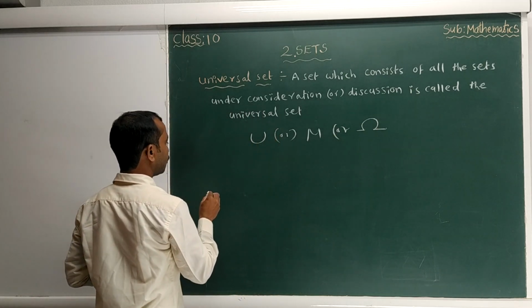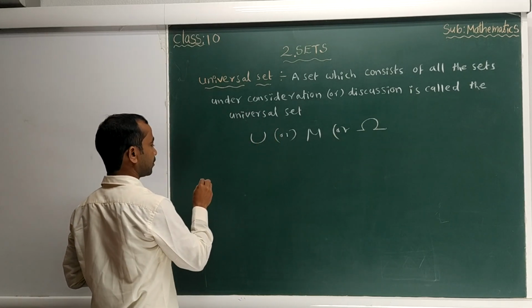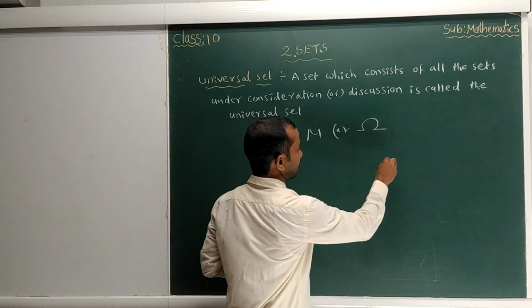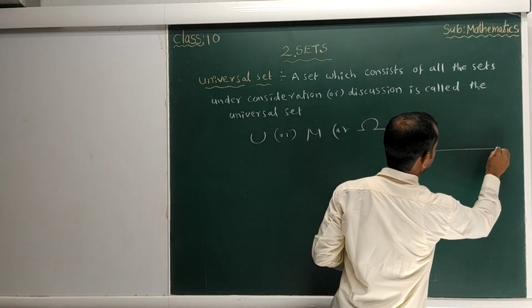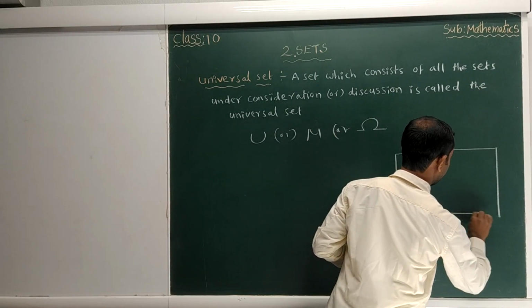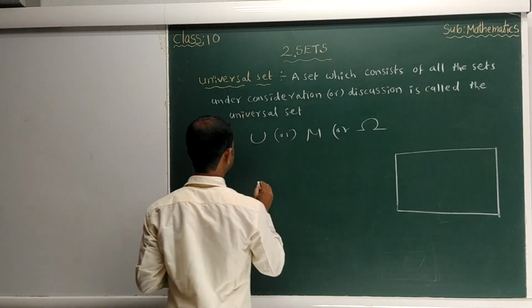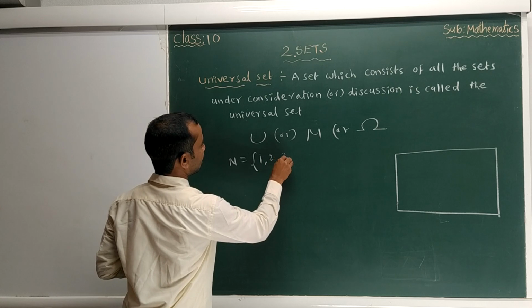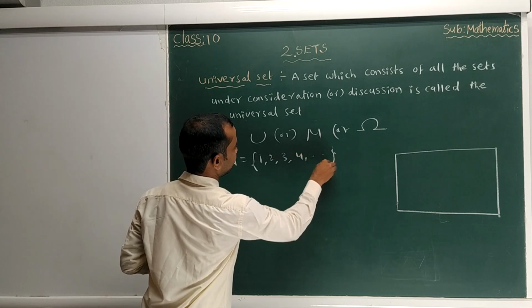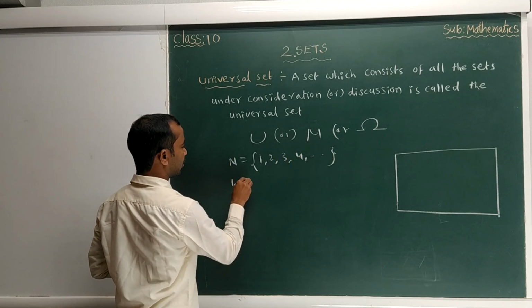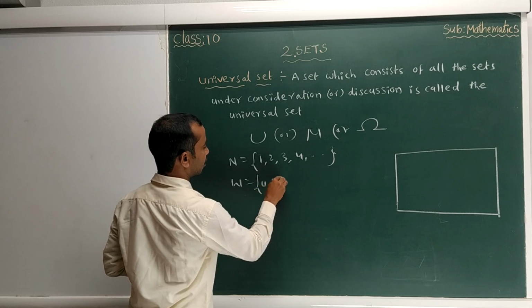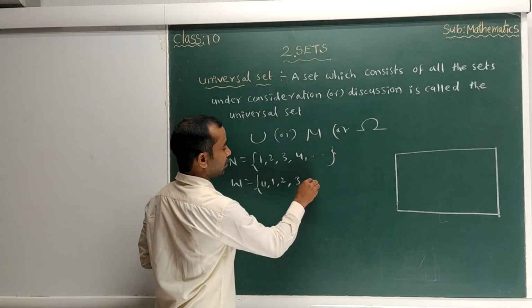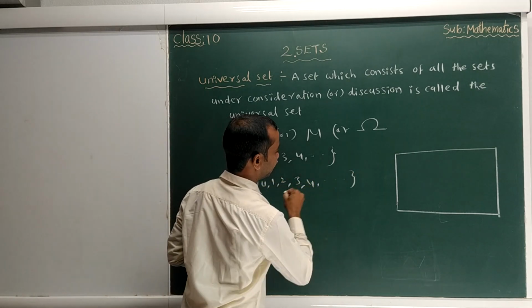Next, universal sets are represented by a Venn diagram, a rectangle. For example, in number theory, the set of natural numbers is 1, 2, 3, 4 up to infinity. The set of whole numbers is 0, 1, 2, 3, 4 up to infinity.